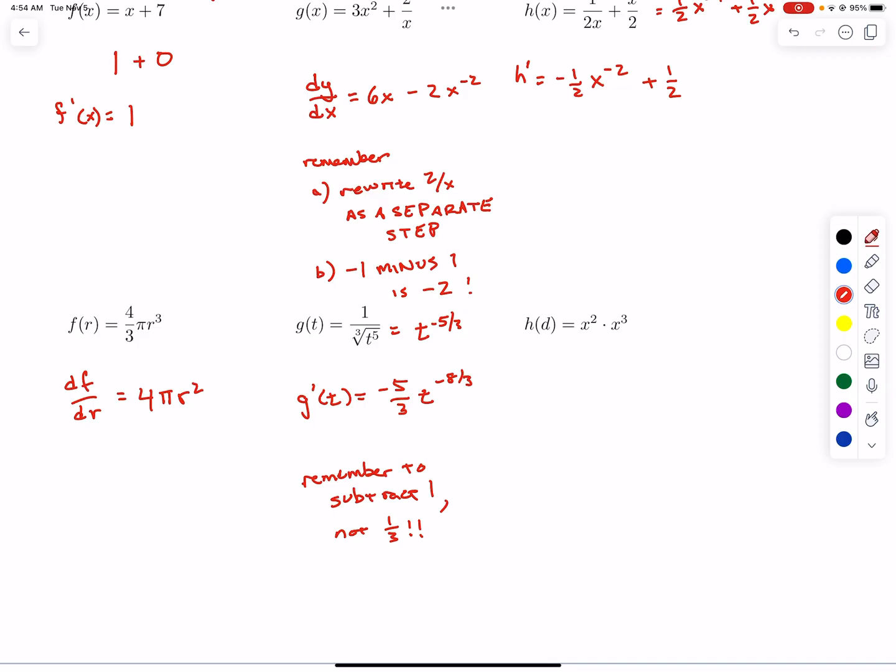Negative 5/3 minus 1 is not negative 6/3. You have to rewrite this as x to the 5th. So the derivative, oh, why did I have h of t? H of x is x squared times x cubed. Derivative is a 5x to the 4th.